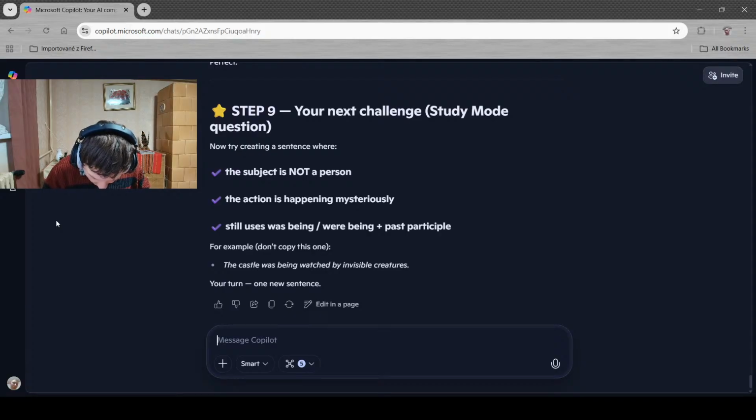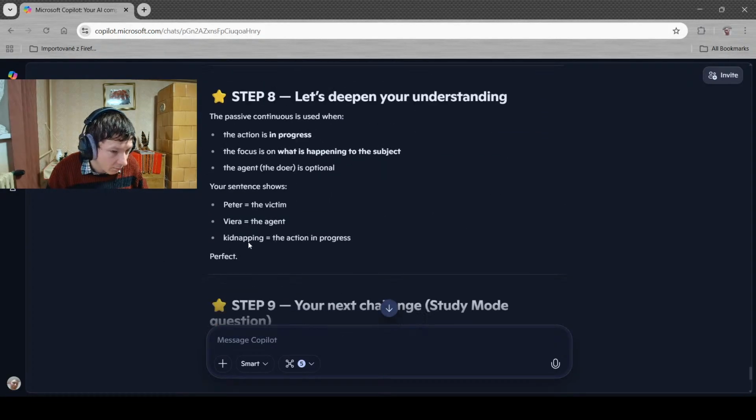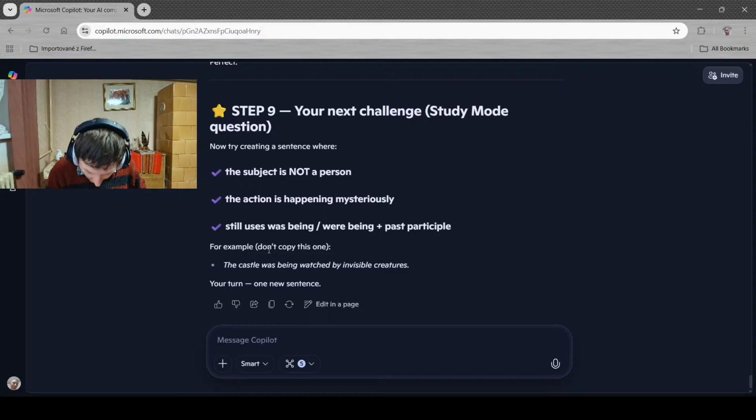Let's explain passive for beginners. Wait a minute, people. For the middle, not middle class.